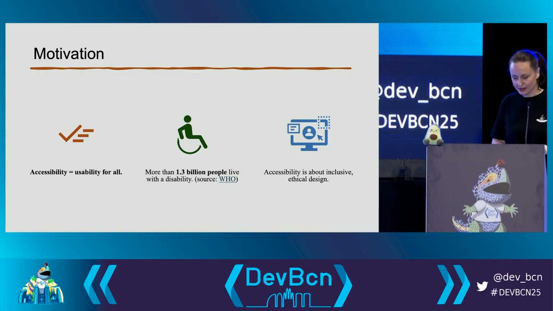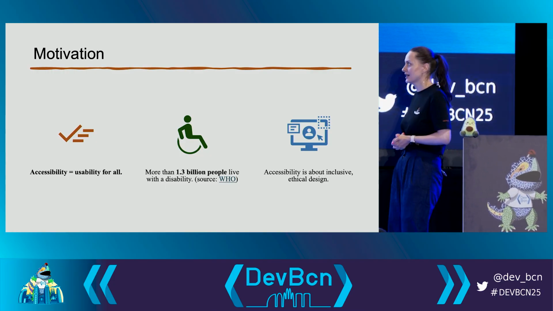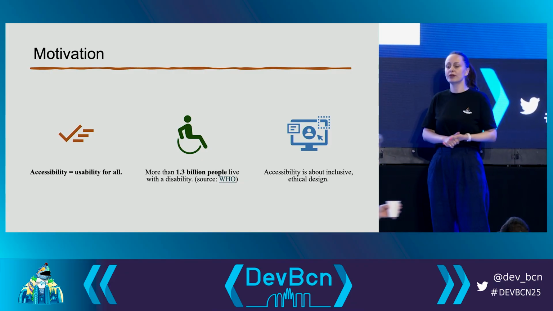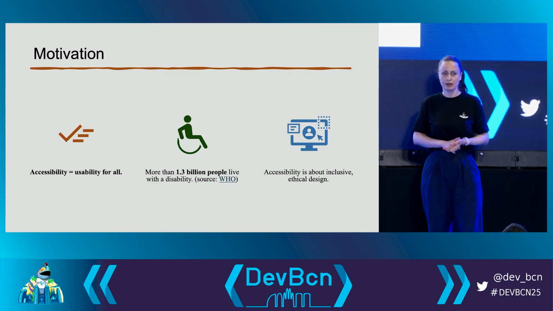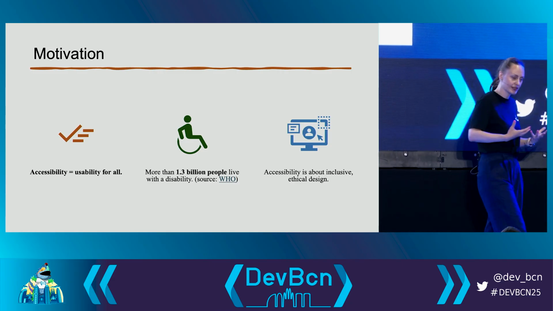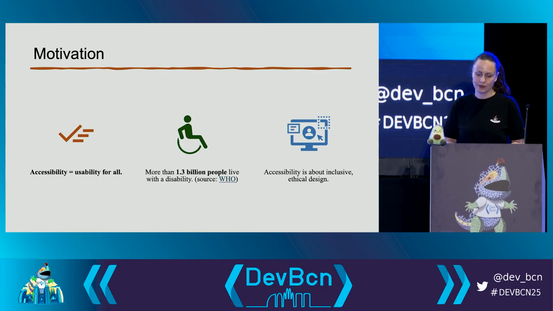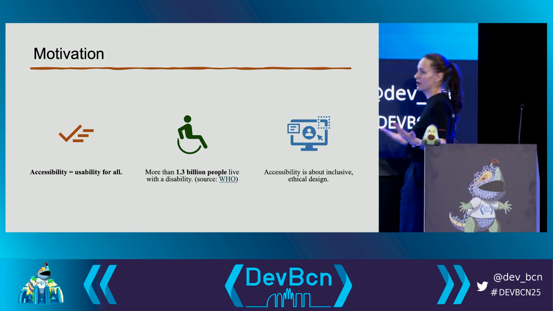And the reality that hits us is that, according to the World Health Organization, more than 1.3 billion people live with a disability. So that's quite a lot of us that are not 100% considered to have all abilities. So we need to think about those 1.3 billion people when we are creating our applications as well.